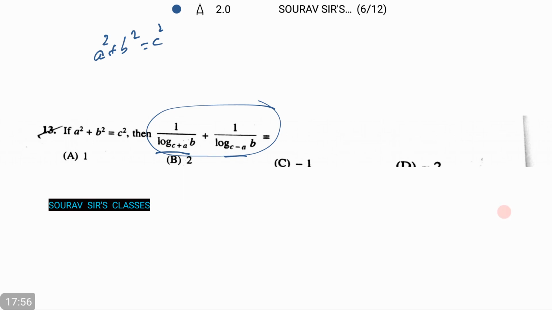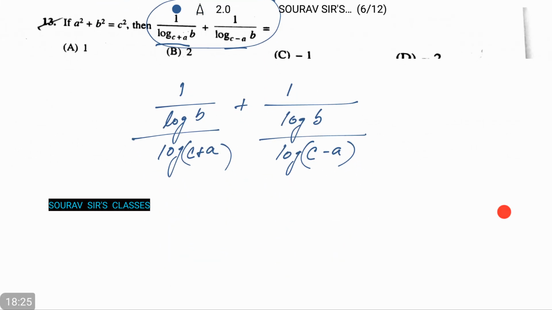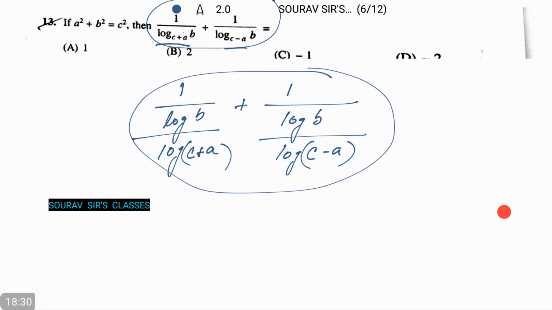Right, this may look completely out of the world, but the trick is we write this as 1 by log b by log c plus a, by the law of logarithms, 1 by log b by log c minus a, and we just flip this since we take the reciprocal once we have this structure 1 by x.